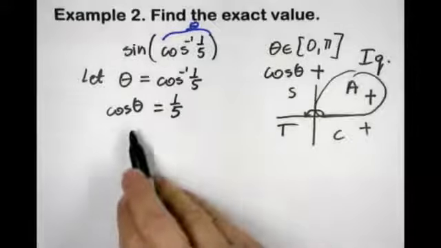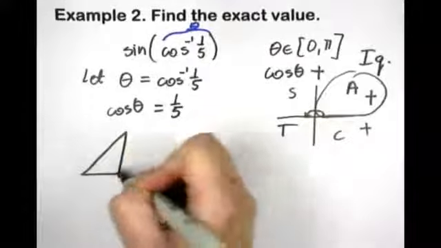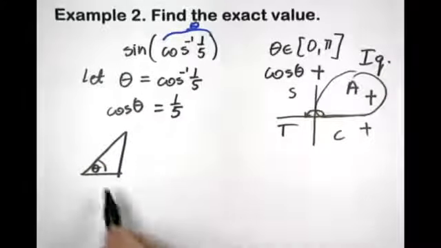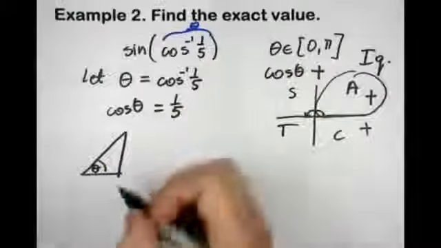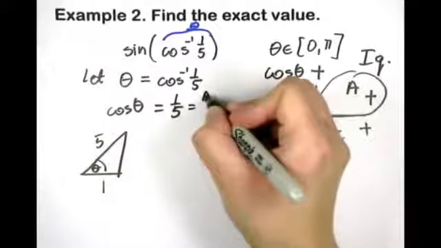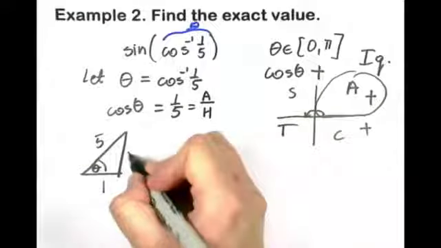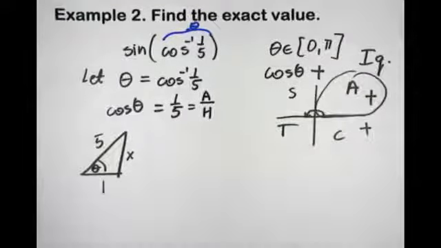So now to find the value of theta, I can use the right triangle. Here's my theta. Cos is adjacent over hypotenuse. So this is 1 over 5. I can solve for x using the Pythagorean theorem.